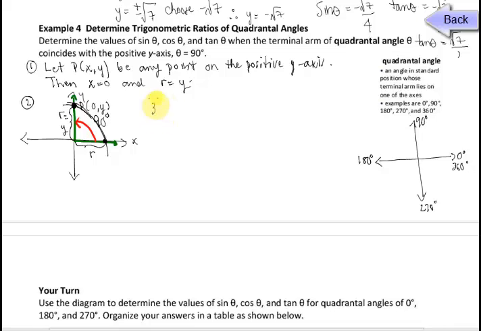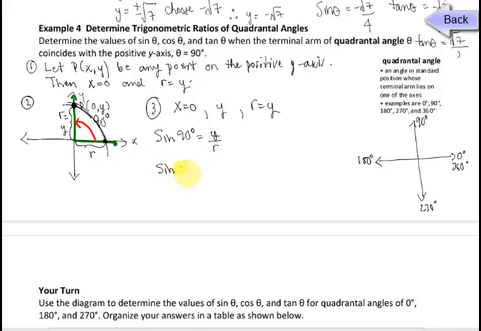Alright, so the third thing that we want to do then is to determine what our trig ratios are. Okay, we know that x is equal to 0, y is just y, and we know that r is equal to y. So let's take a look. We want sine of 90 degrees, and our little formulas from earlier tell us that sine of 90 degrees will be y over r.